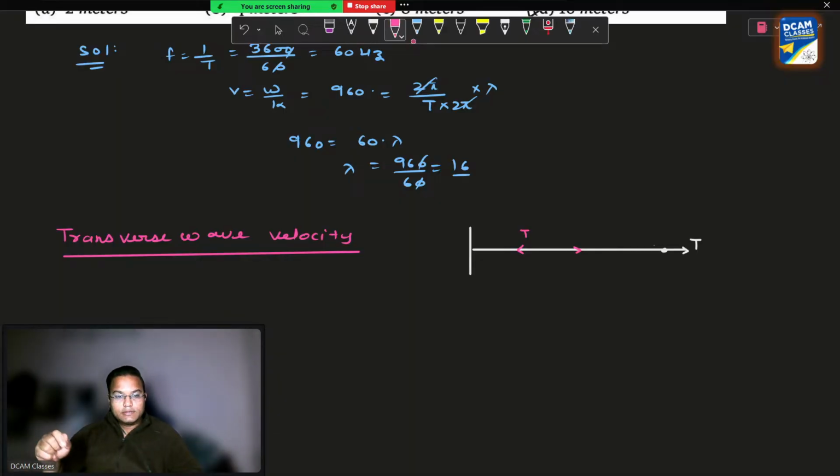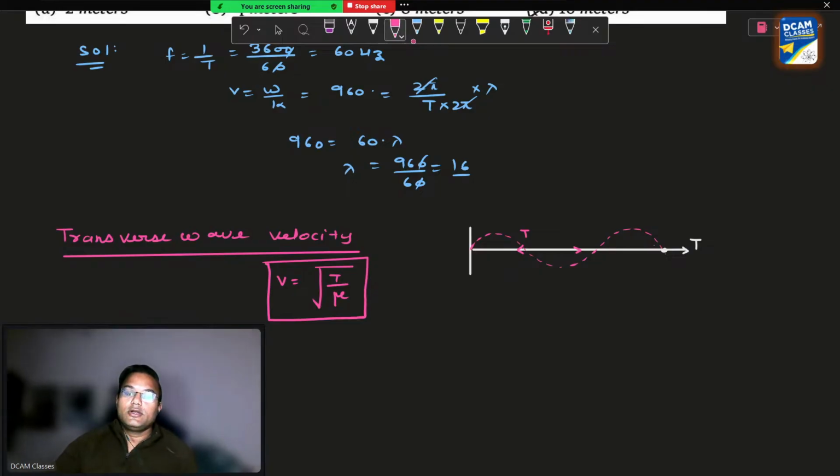Now we give a small disturbance at one end so that a wave is formed. Now they say that the velocity of this wave v is equal to root over T by mu.